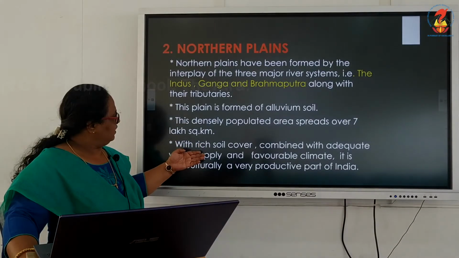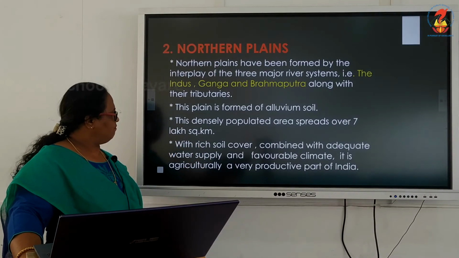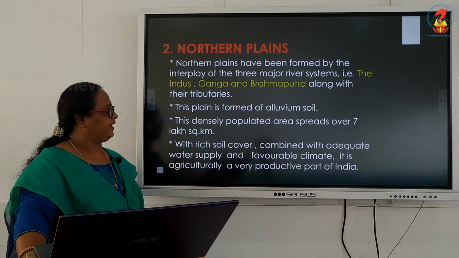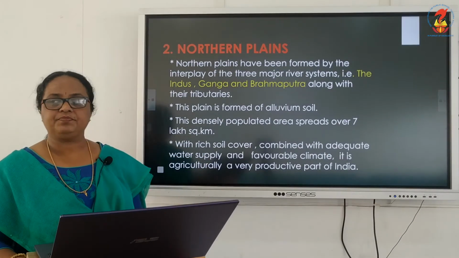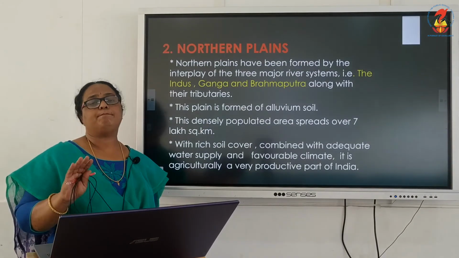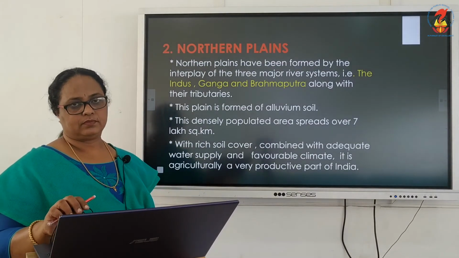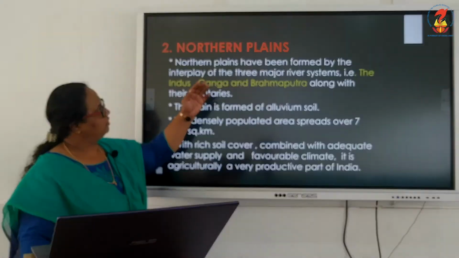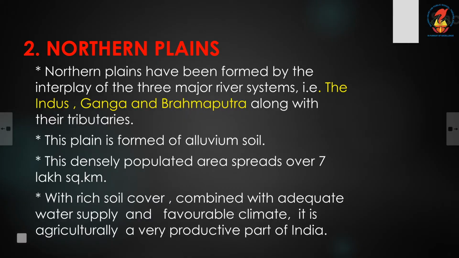And with rich soil cover combined with adequate water supply and favorable climate, it is agriculturally a very productive part of India. So I repeat, the northern plains have been formed by the interplay of the three major river systems, the Indus, the Ganga and the Brahmaputra and its tributaries.